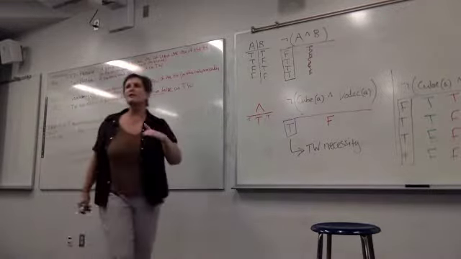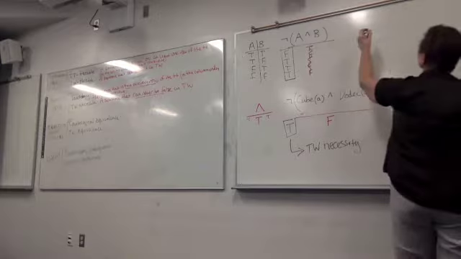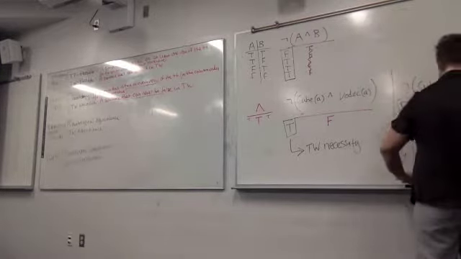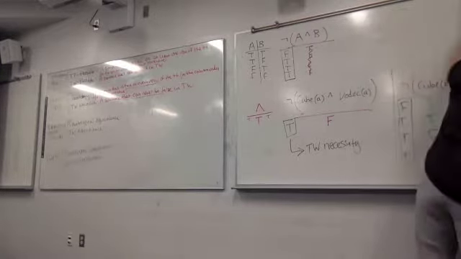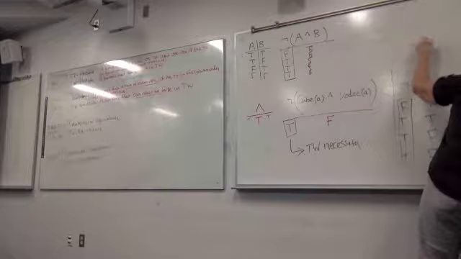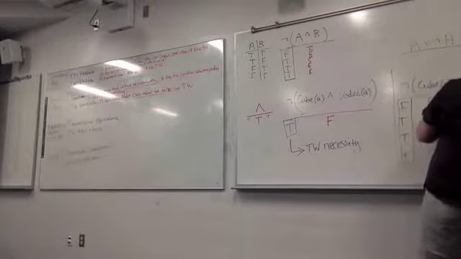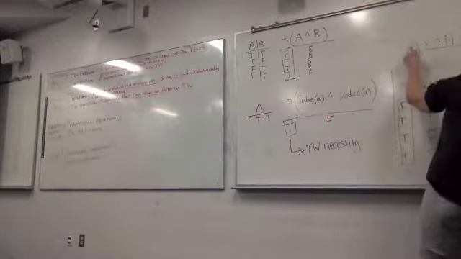Okay? Here's a simple example in the sense that we have few rows, but I hope that you will be comfortable with this. So suppose we have the sentence A or not A. We know that that sentence is either true or false, right?